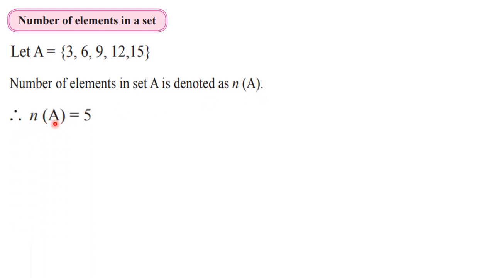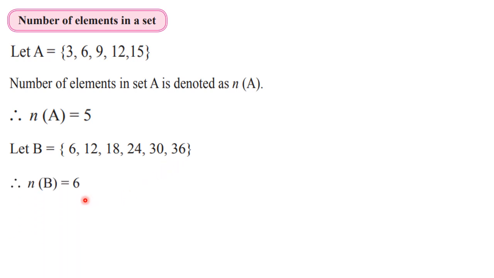What I can say is n of A is equal to 5. The number of elements in set A is 5. Let us take one more example. Suppose we have set B where we have multiples of 6: 6, 12, 18, 24, 30 and 36. Now here we have 6 elements. So what we can write down, n of B is equal to 6.